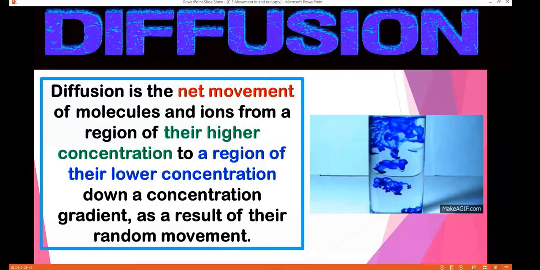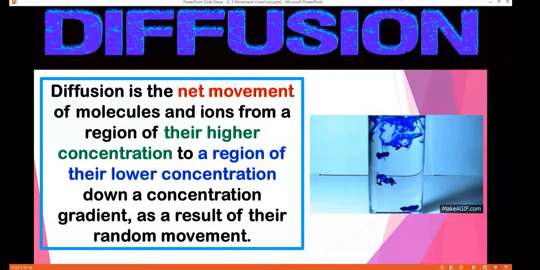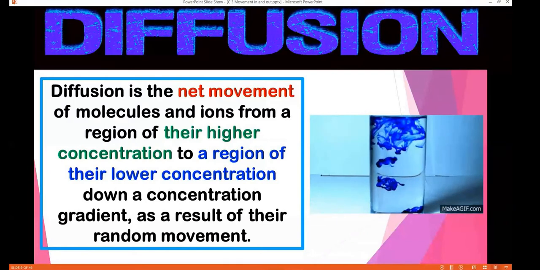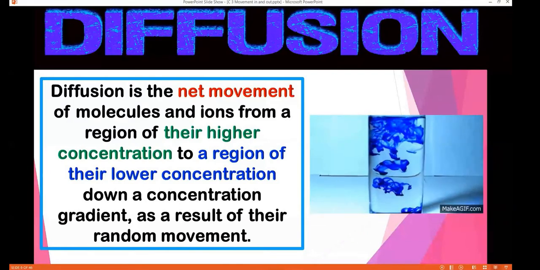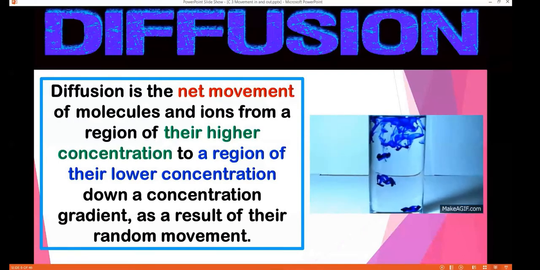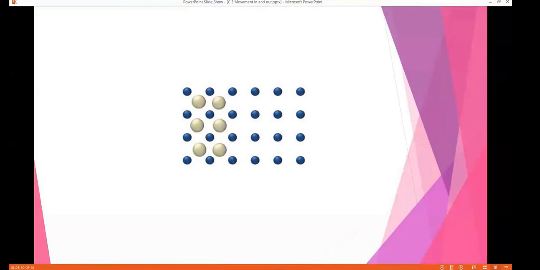And whenever you're discussing osmosis, there is a semi-permeable membrane or a barrier between the higher concentration and the lower concentration. You can also see in the simulation how the diffusion of the molecules takes place. Is it clear, ladies?